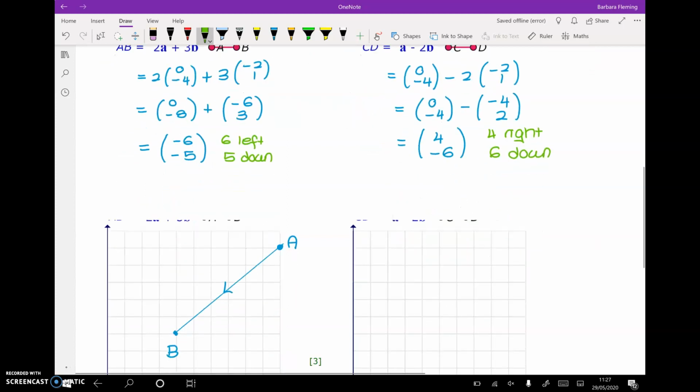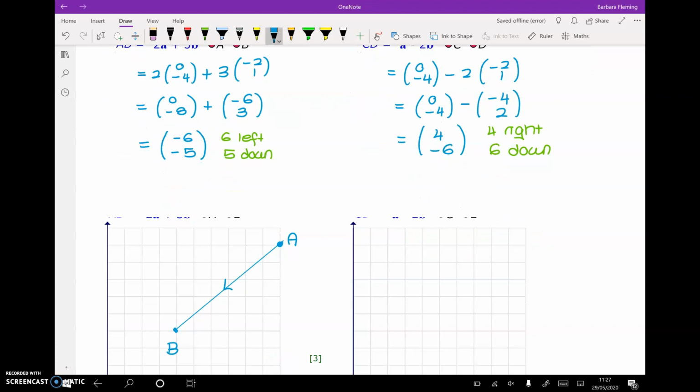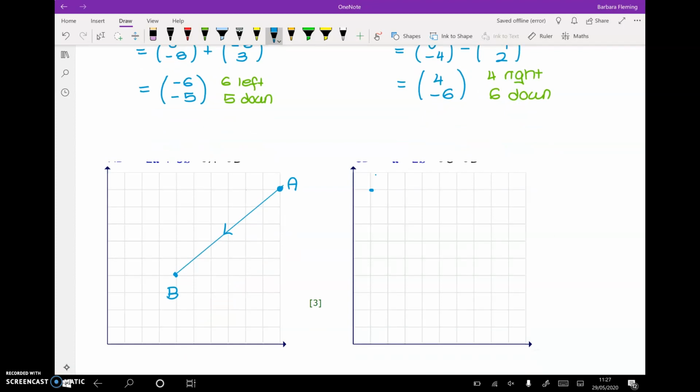So giving yourself plenty of room. C to D this time. I think we've got a fair bit of room, hopefully enough there to draw. So there's our C, and we're going 4 right, 1, 2, 3, 4, and 6 down, 1, 2, 3, 4, 5, 6.